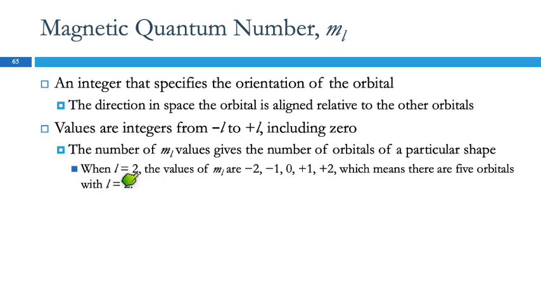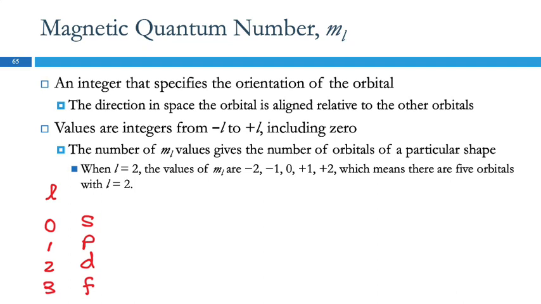So when L equals 2, remember s, p, d, and f correspond to 0, 1, 2, and 3 for the values of L. So if L equals 2, that means we have d orbitals, right?